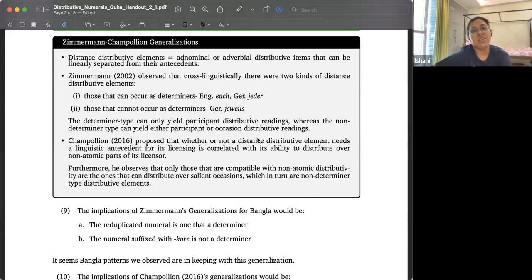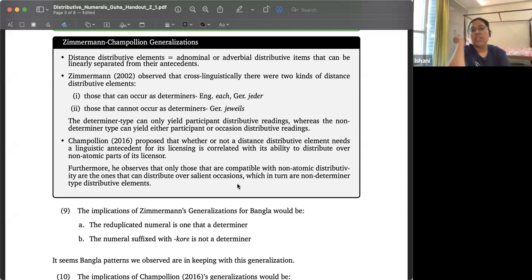So, nominal or adverbial distributive items that can be linearly separated from their antecedents. What we saw from the plural antecedent is that the distributive numeral can be set apart by intervening constituents, right? And this is not only numerals, but adjectives, adverbs, all sorts of things.